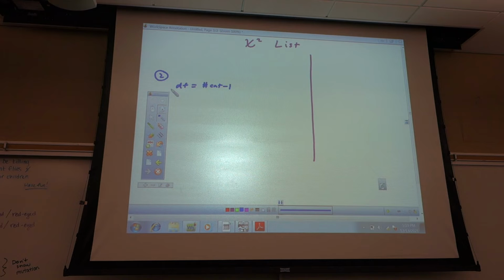There's kind of one row list. Let's say one row of observed. And it's interesting because it'll be like this.